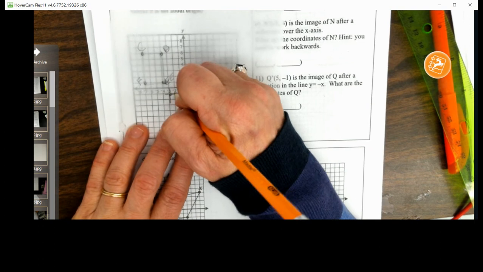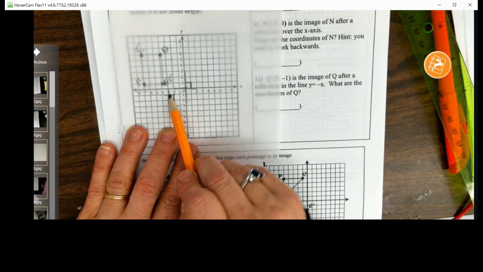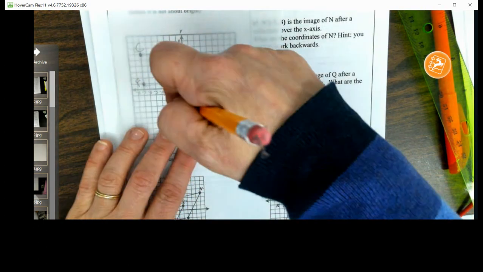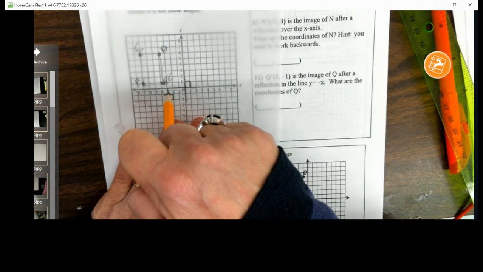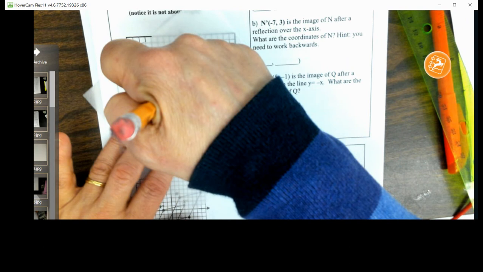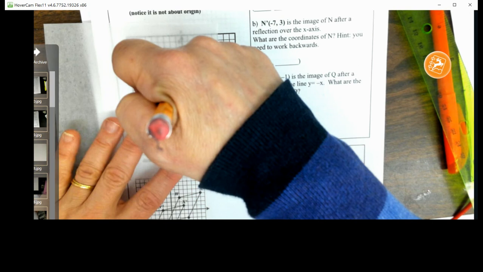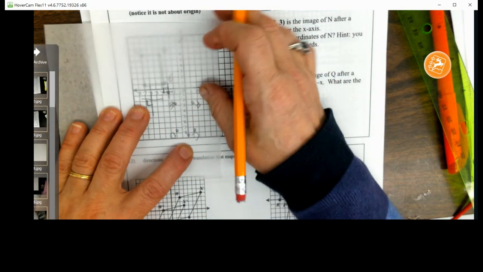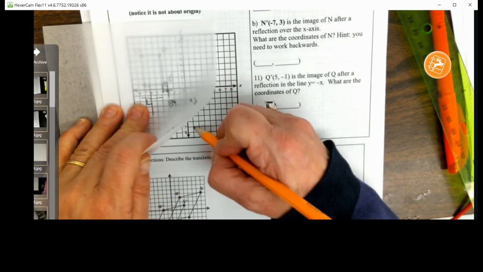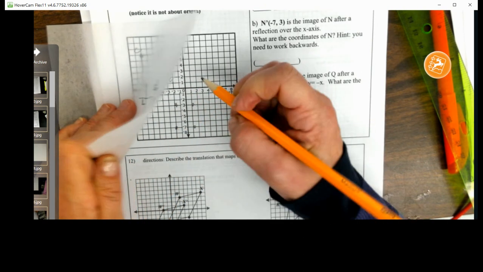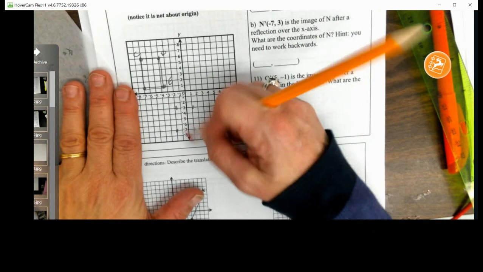Okay, and so I'm going to create a second origin at that point, and then I'm going to rotate it 2 quadrants. Okay, here's 1, and here's 2. Okay, so whoops, I'm low over here.